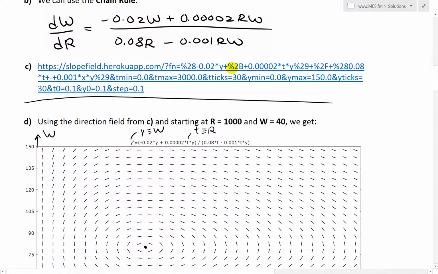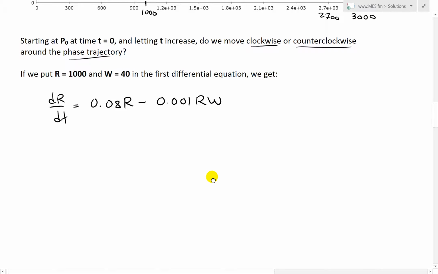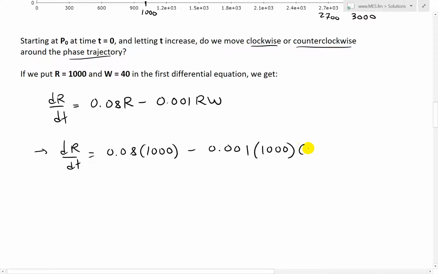So in our case, R equals 1,000 and W equals 40. Let's plug that in. We have dR over dt equal to 0.08 times 1,000, minus 0.001 times the rabbit population, 1,000, times the wolf population, 40.